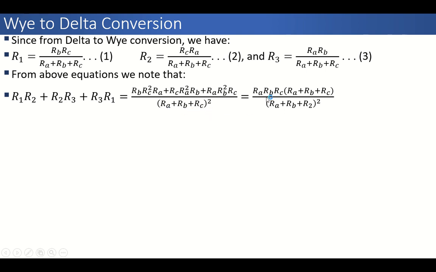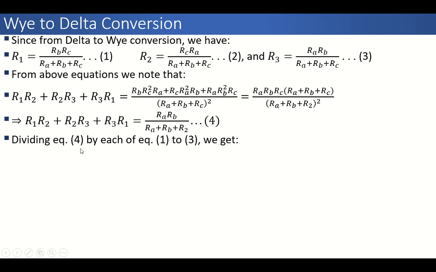So we can take common RA RB RC. So next we can say that R1 R2 plus R2 R3 plus R3 R1 is RA RB RC divided by RA plus RB plus RC. So let's call this equation number 4.